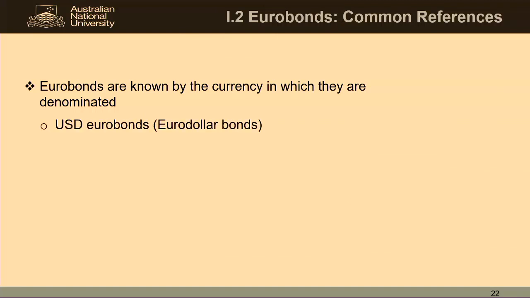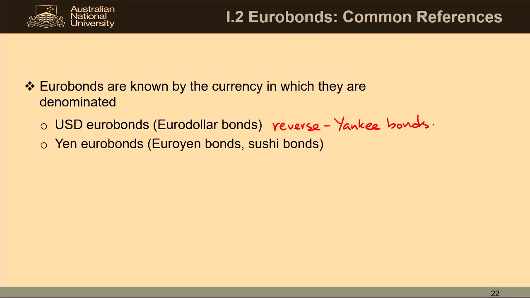So Euro bonds, if they are US dollar Euro bonds, then they're called Eurodollar bonds. It's a bit tacky in a way, but they're also called reverse Yankee bonds. Okay. We also have yen Euro bonds.